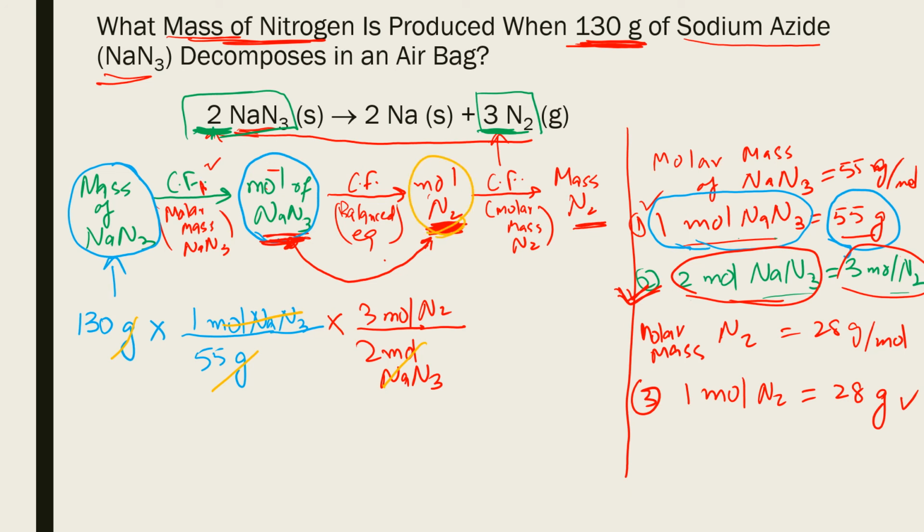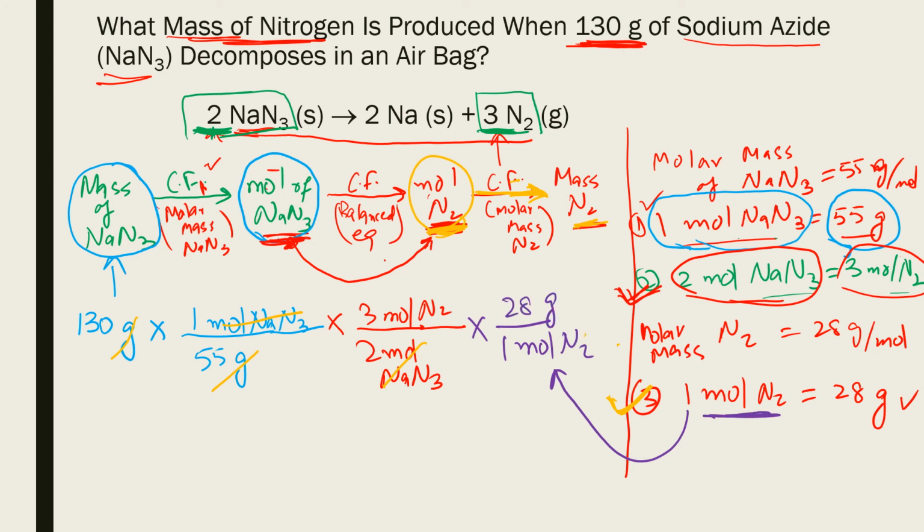Next step is that moles of nitrogen needs to be converted to mass of nitrogen. So we need a conversion factor between moles nitrogen and mass nitrogen, and that comes from equation number 3. So multiplied by, down here will be 1 mole nitrogen, and up here will be 28 grams.